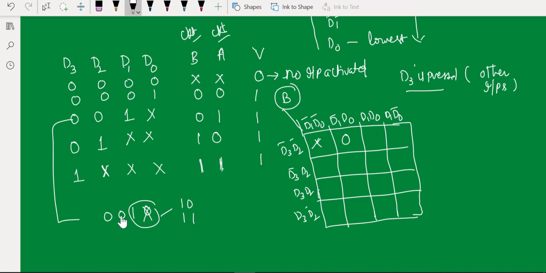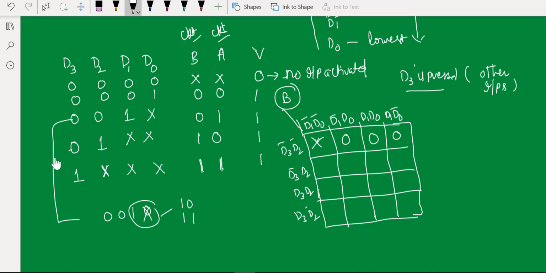So that means you are going to have 0 0 1 0 and 0 0 1 1. For those you are supposed to get output as 0. That means you are going to have this also 0 and this also 0. So it is 0 0 1 0, that means 2, and 0 0 1 1 means 3. So you got the outputs.